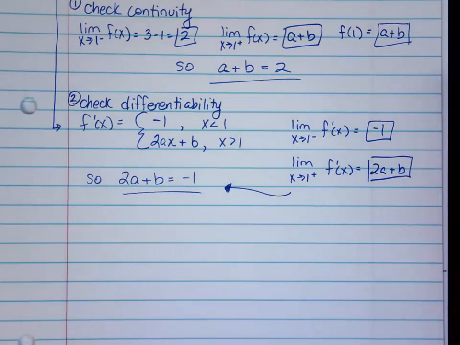So we have a plus b equals 2. We have 2a plus b equals -1. Now that we have two equations, we can solve for a and b. Does anybody know how? Substitution or elimination. Tell me what you were saying. Set the first equation equal to a, and then plug it in the second.